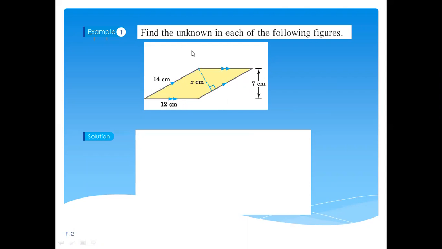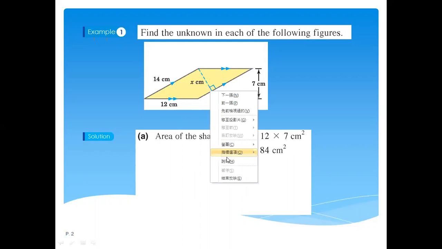So the question asks you to find the unknown x. Consider the area of this figure. It's a parallelogram with the base 12, then height 7. So area is base times height. And if x is the height, then which one is its base?